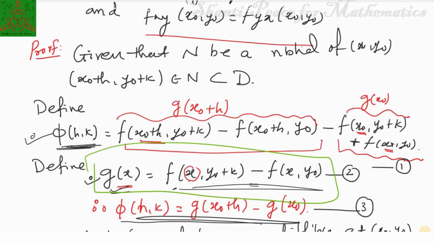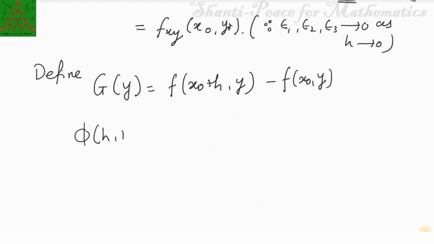Here we have fixed the y coordinates and we are taking the variable as x. Now we are fixing the x coordinate and making the variable y. So in that manner, phi of hk I can write down as g of y0 plus h minus g of y0.